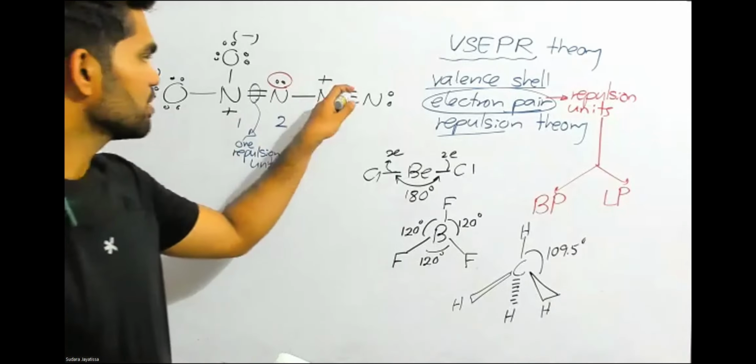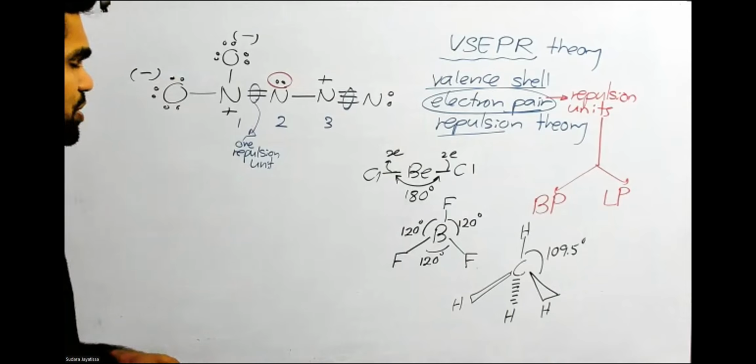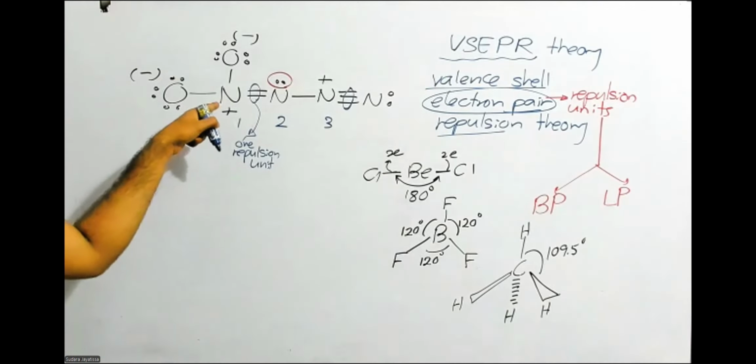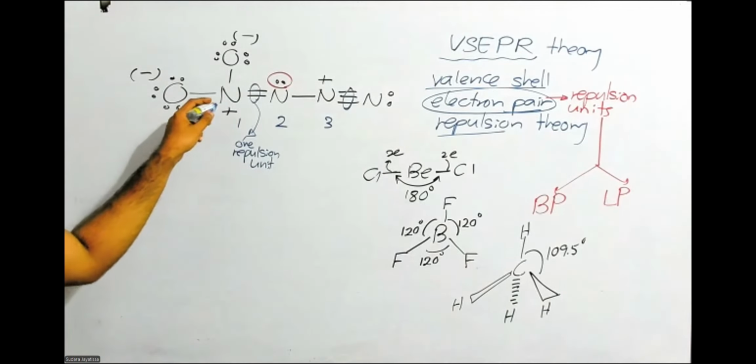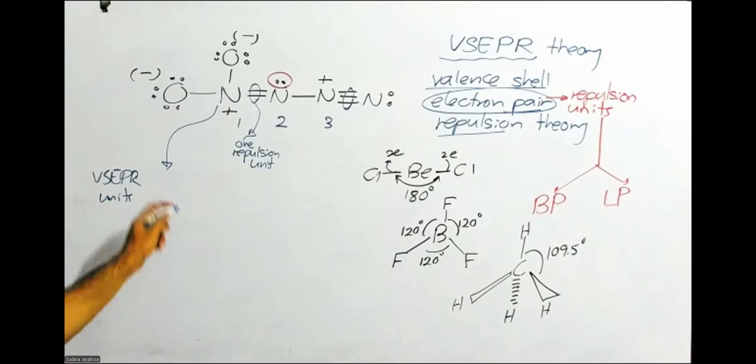Likewise, here also you have a single repulsion unit. So around this N1, how many VSEPR units do we have? We have 3 VSEPR units.